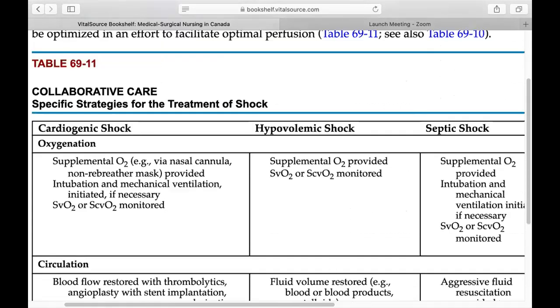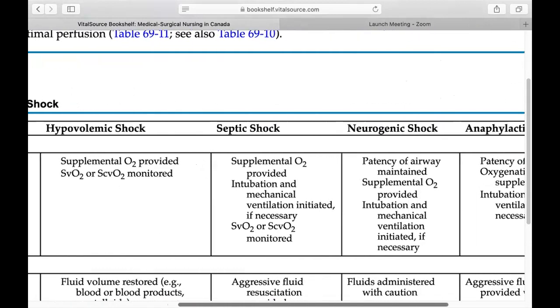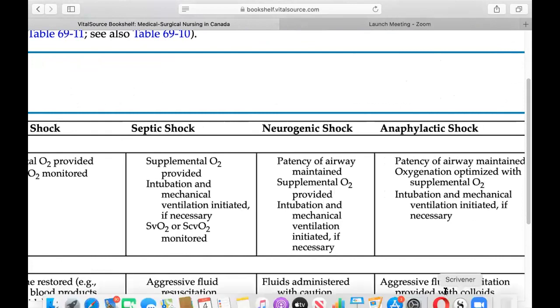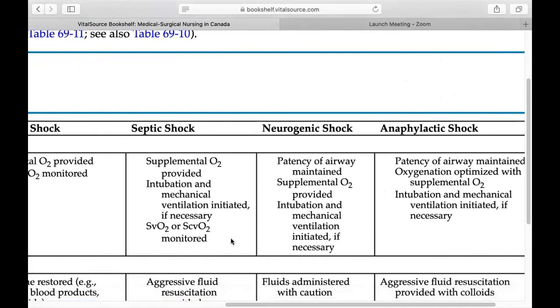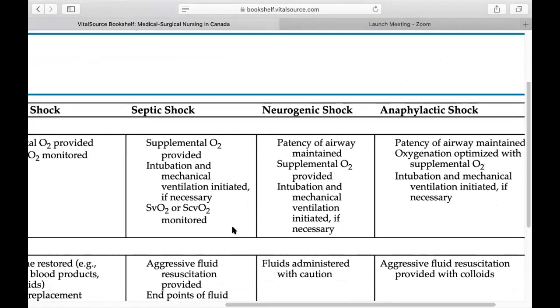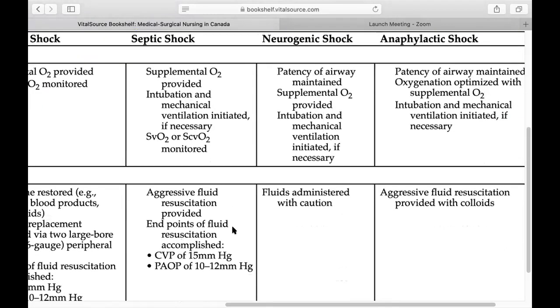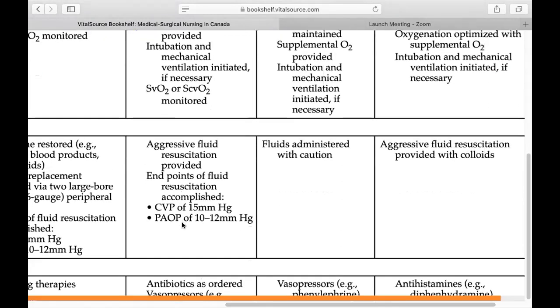We move on to septic shock. Whatever's needed, they might need mechanical ventilation. It depends what kind of shape they're in right now. We talked about fluid management already in the last question.